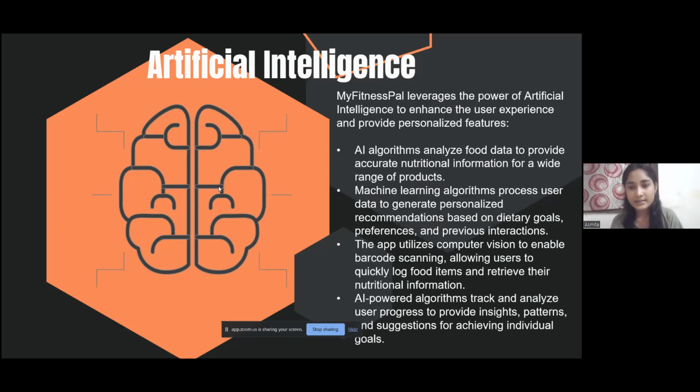The app utilizes computer vision to enable barcode scanning, allowing users to quickly log food items and retrieve their nutritional information. AI-powered algorithms track and analyze users' progress to provide insight, pattern, and suggestion for achieving individual goals.